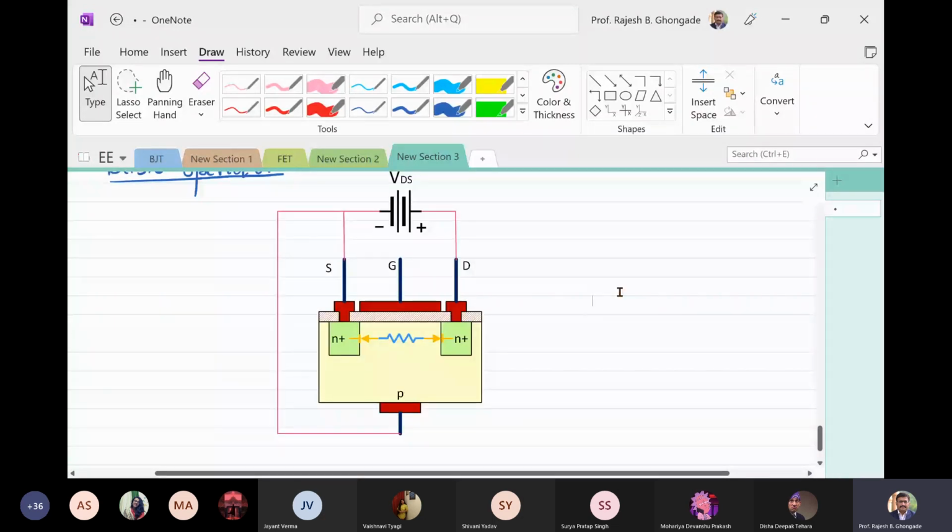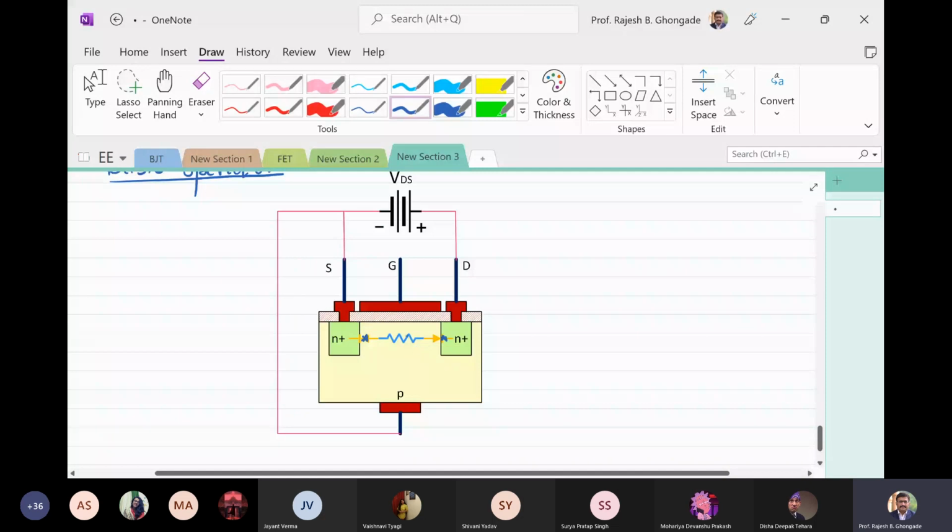Now, first of all, understand one thing: you have this N type here, this N type here, and this P type here, and this P type is a piece of semiconductor. So obviously it will have some resistance between these two points. Since it is a semiconductor, that is the reason I've shown it as a resistor. There is no real resistor.